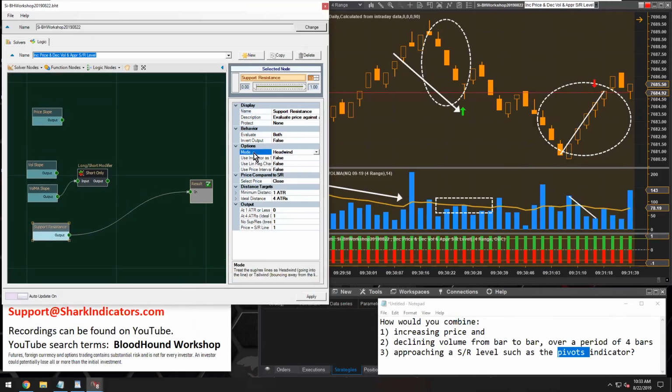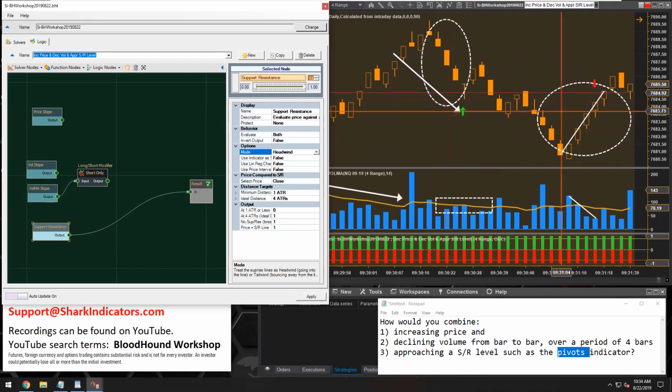All right, so when we're using the support resistance solver, the first thing we need to determine is, are we looking for price to bounce off of a level, or are we looking to block signals if price is too close to a support resistance level here?